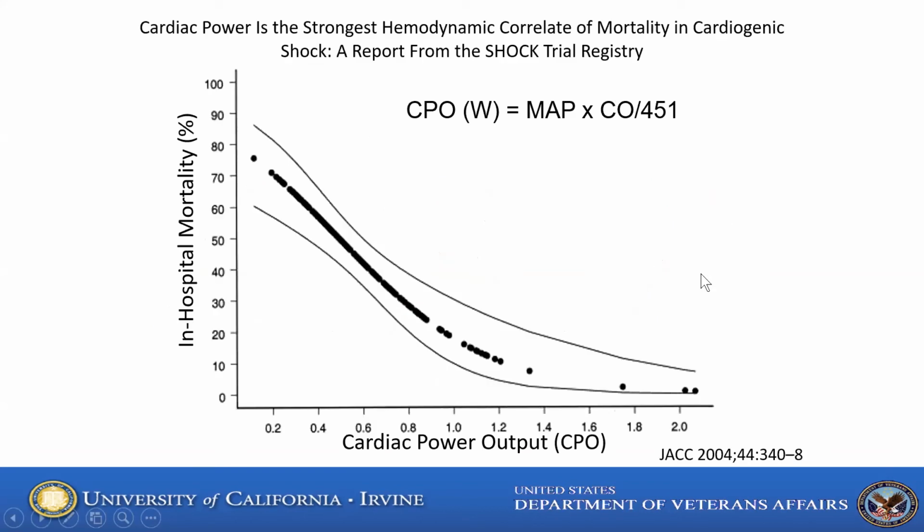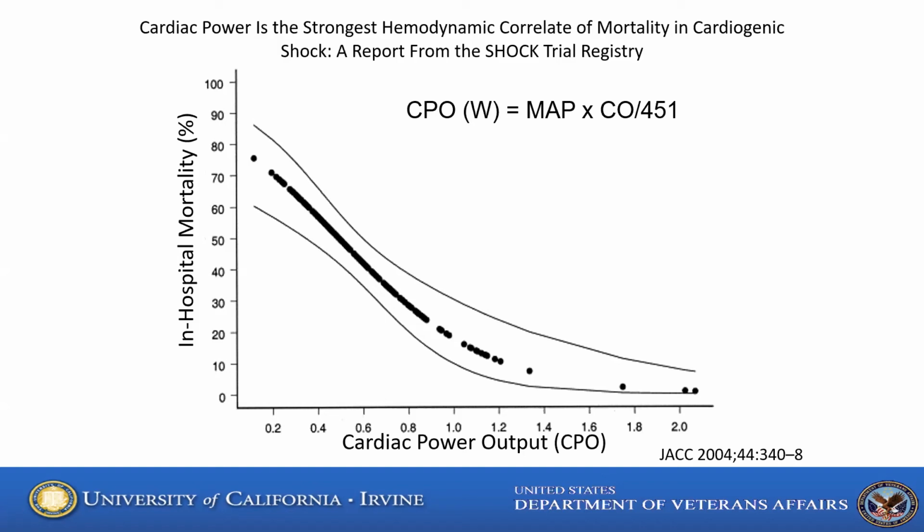Now, cardiac power output is a function of the heart's ability to pump, and we can augment power output with devices. It's calculated as mean arterial pressure times cardiac output divided by a correction factor of 451. If anybody's listening to this and knows how we got 451, please tell Dr. Burkhart and myself, because we can't find it.